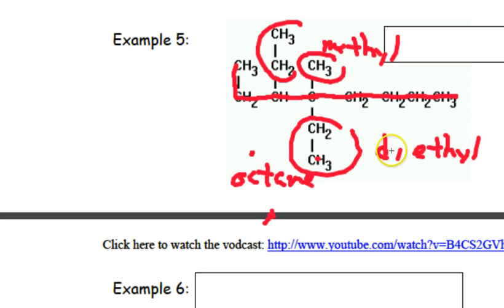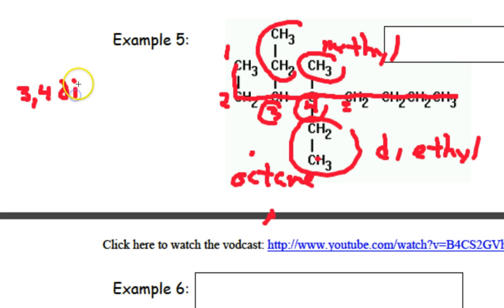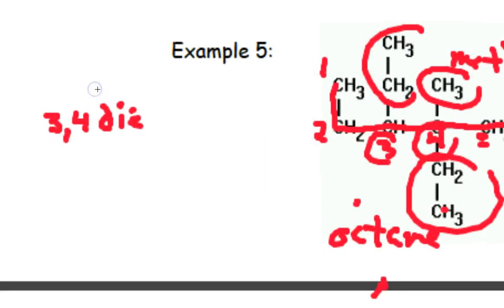And the ethyl is going to go first. I have an ethyl on the 3rd carbon and on the 4th carbon. So it's going to be, and this is where it gets tricky, 3, 4 diethyl.